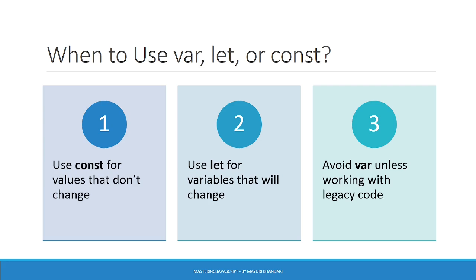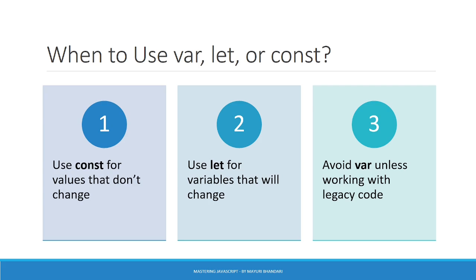To summarize, var is the older way of declaring variables and it is function scoped, which can sometimes lead to issues because of its hoisting nature. Let is block scoped and best used for variables that might change, and const is also block scoped, but it is used when you don't want your variables to be reassigned.